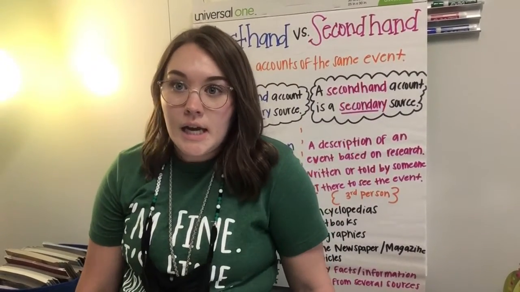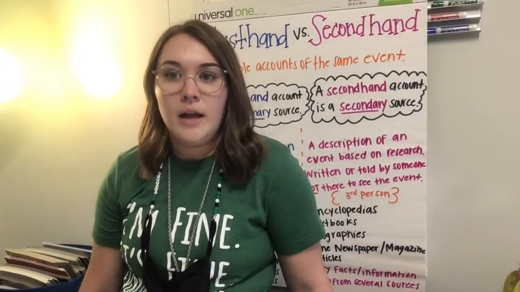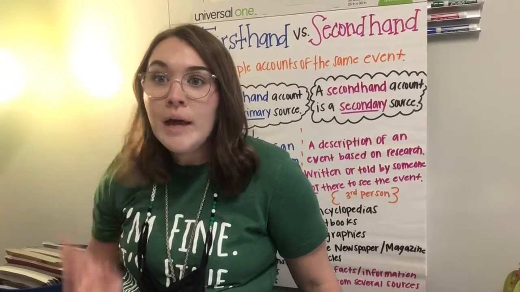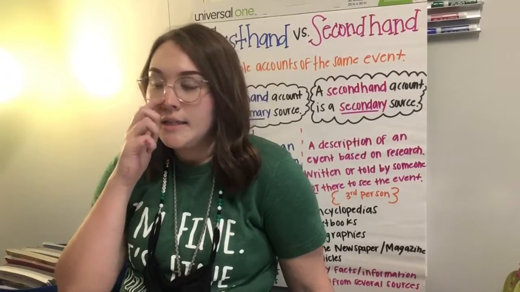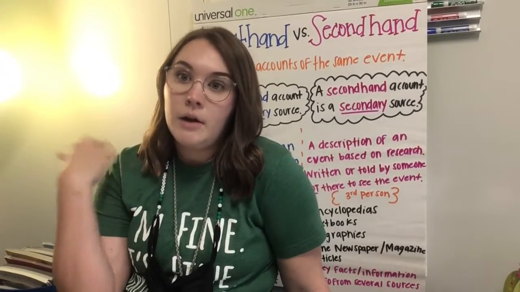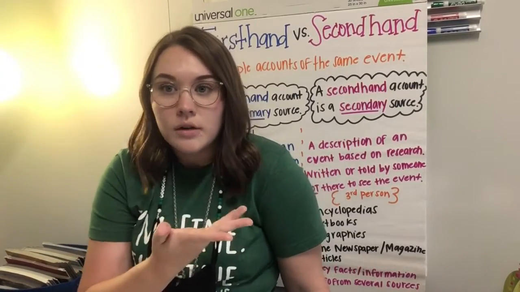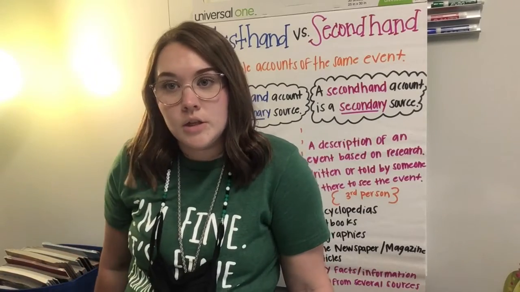So that's going to be a second-hand account, and you're going to look through a lot of things on like Google and Epic to research the regions of Texas, and it's going to be either first-hand, primary, or second-hand, secondary source. So I wanted you to know the difference between the two.